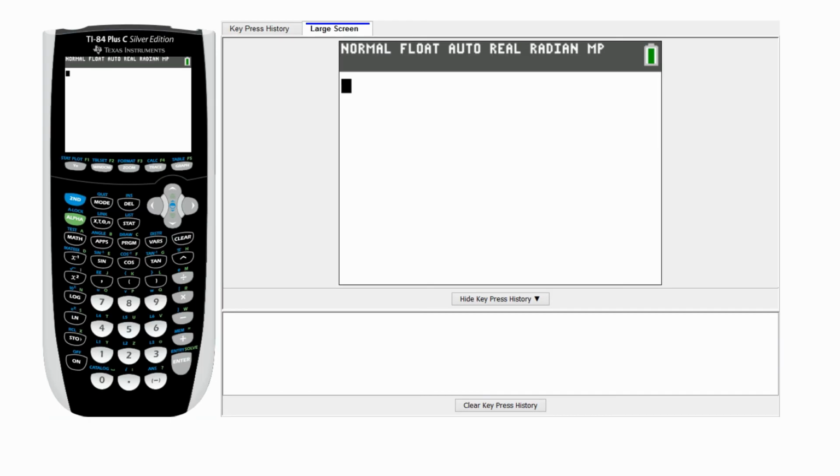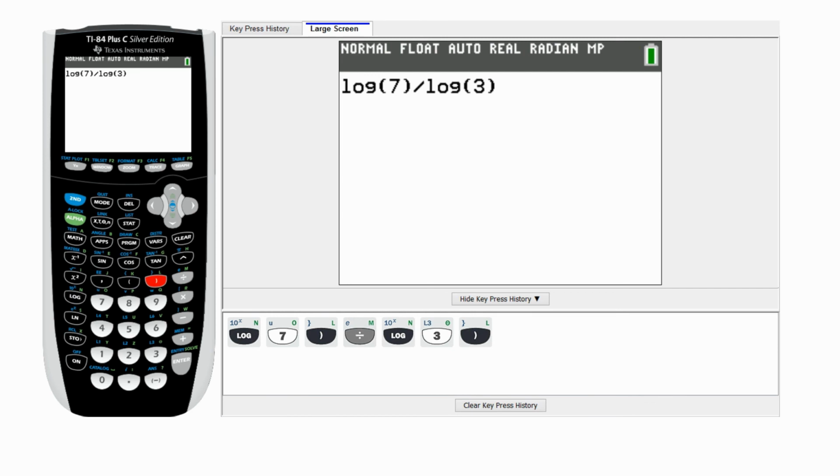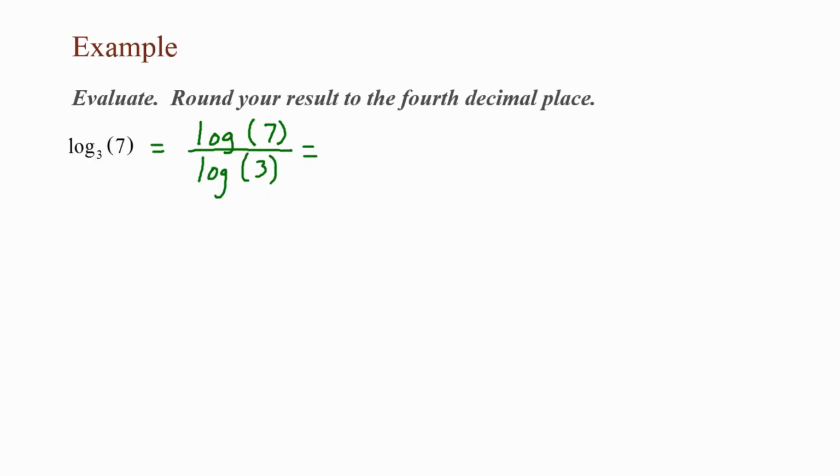Calculate. Type log 7, close your parenthesis, divided by log 3, close your parenthesis, enter, and we get 1.771243749. Rounding to the 4th decimal place, I have 1.7712.